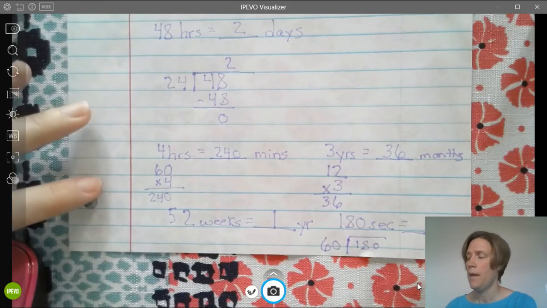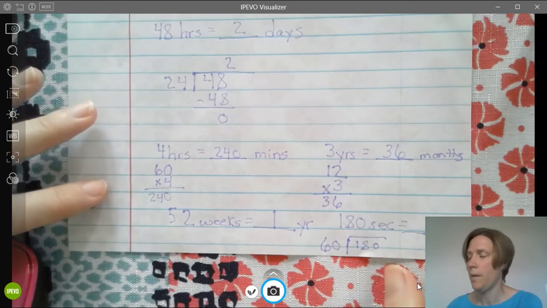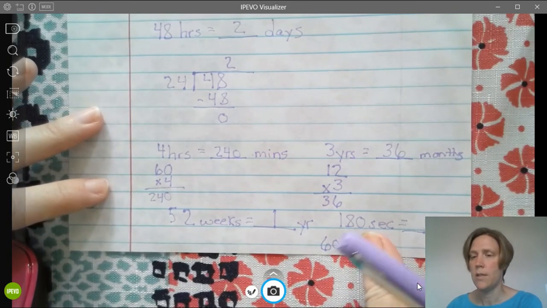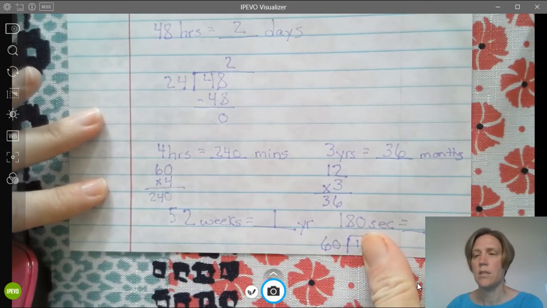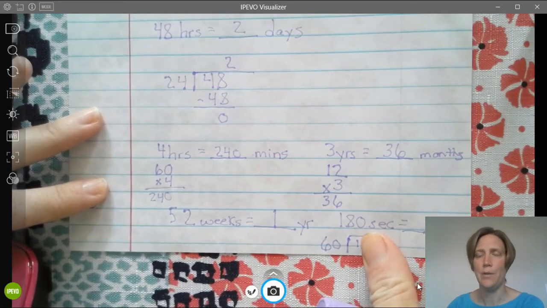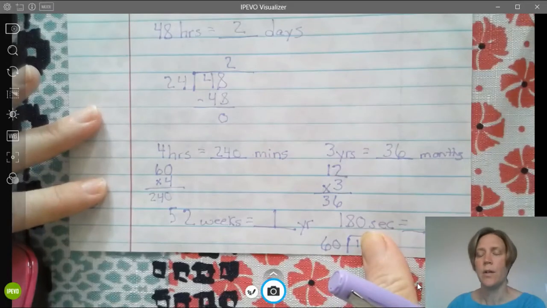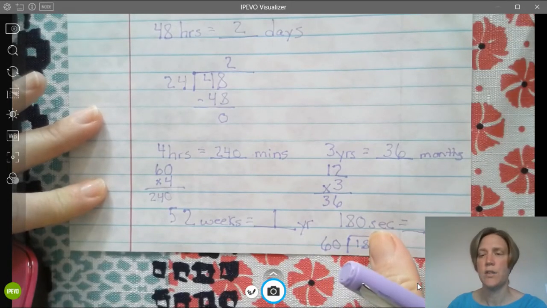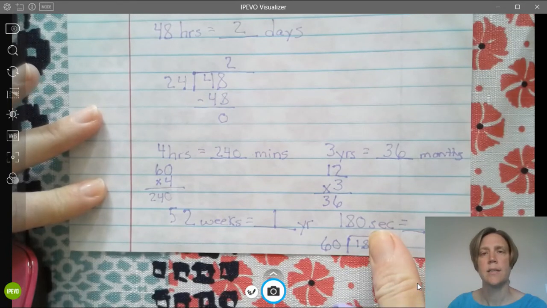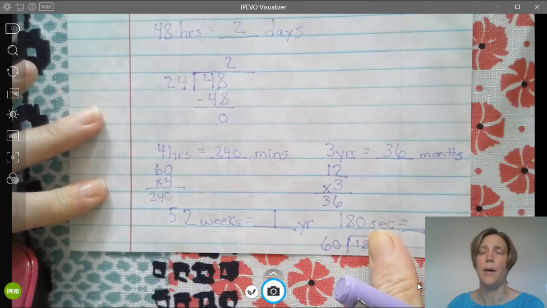I'm going to do it the traditional way. So I'm going to cover up the tens and ones place. Will 60 go into 1? We know the answer is no. You could write a 0 up there, but you don't have to. Then I'm going to move over to the tens place. Will 60 go into 18? Our answer is once again no, because 18 is smaller than 60.